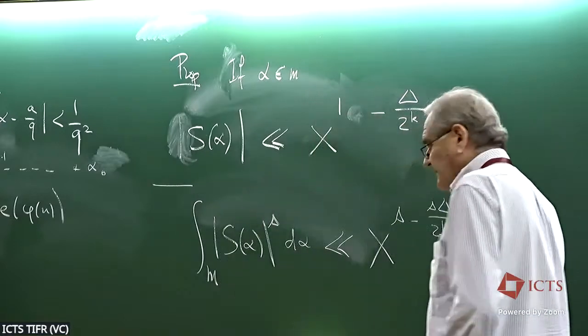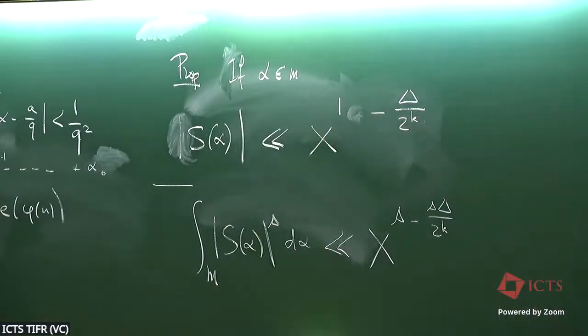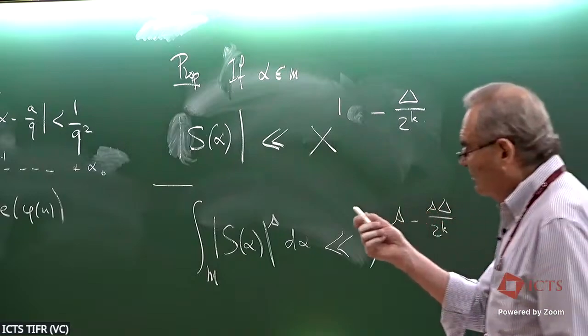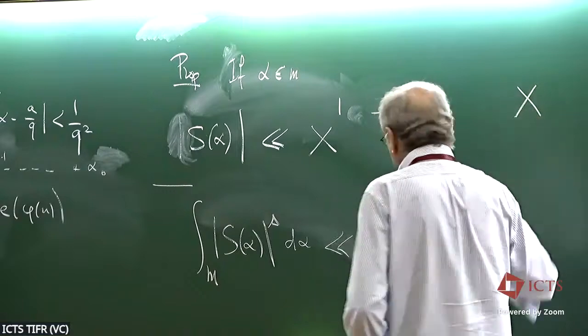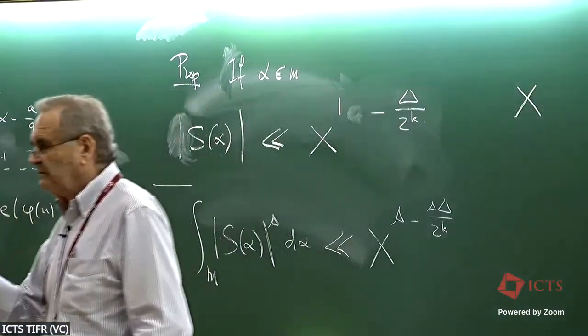So on the one hand, you have the contribution of the major arcs, which I put in x. You remember that n is x to the k.